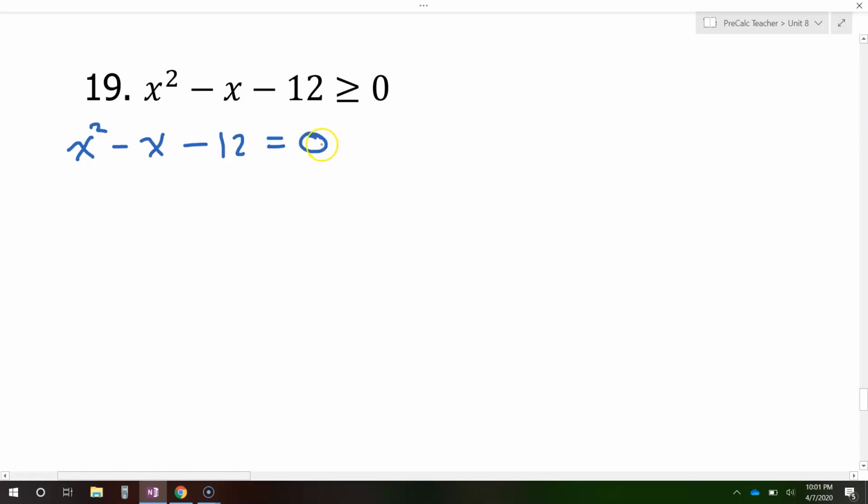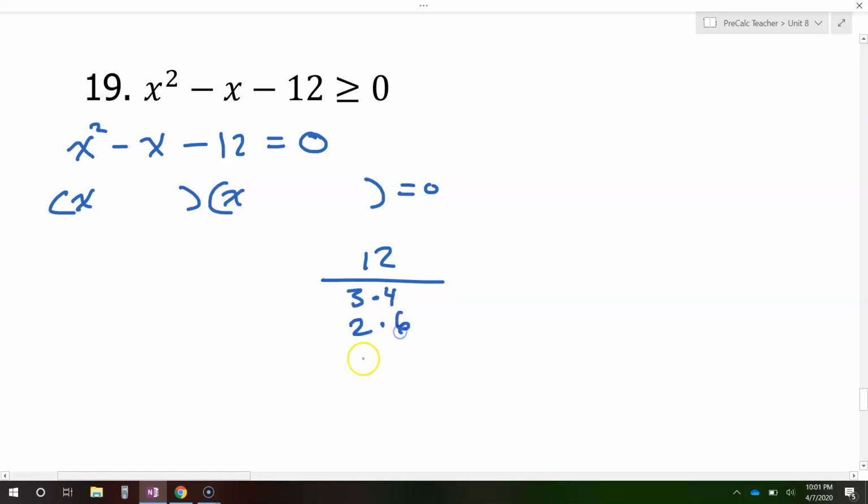This will give us something called critical values. So I can easily solve this by factoring. So that's going to be x times x, 12. 12 is interesting because 12 can factor as either 3 times 4 or 2 times 6 or 1 times 12.